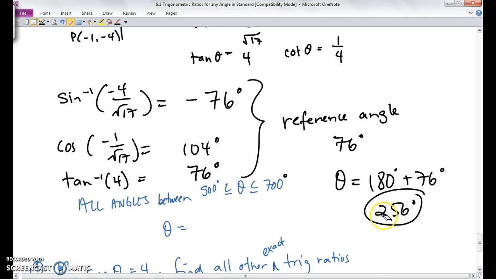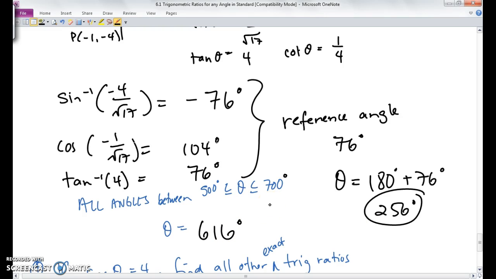So we would add 360 to this. 256 plus 360 gives me 616 degrees, and that is in the domain. And if I added another 360, I'd be outside of the domain. So that would be the answer. So that angle there is coterminal with this angle. So they have all the same trig ratios, but this is the one that meets that domain restriction.